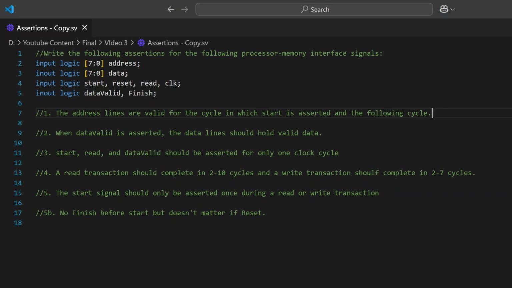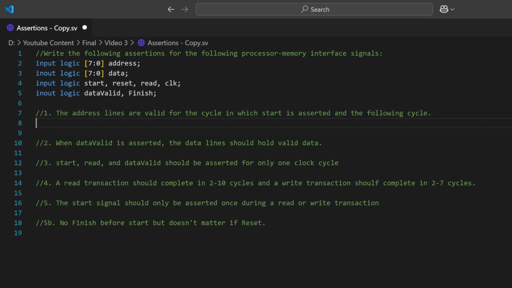So here's our first assertion. It says the address lines are valid for the cycle in which start is asserted and the following cycle. So let's begin with the property.